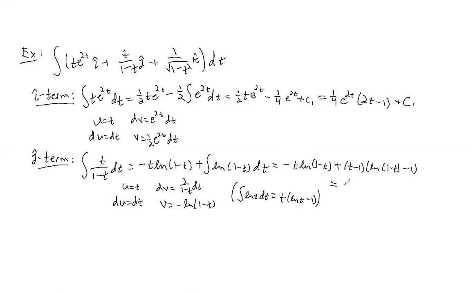And after cleaning that up a ton, and I mean a ton, this would become negative ln(1 minus t) plus 1 minus t, after having gone through all that hubbub. That's one way of doing this.